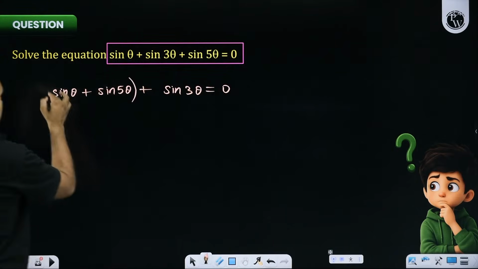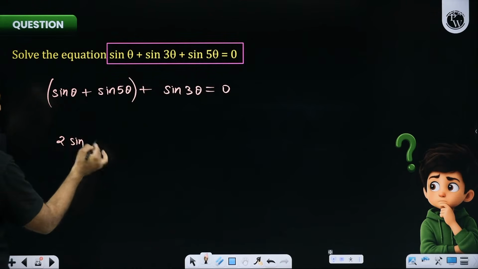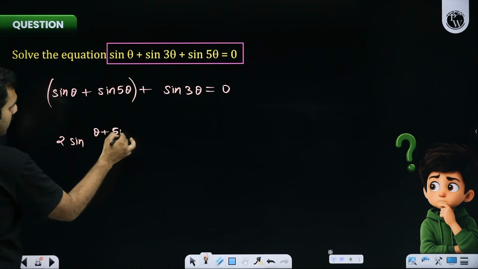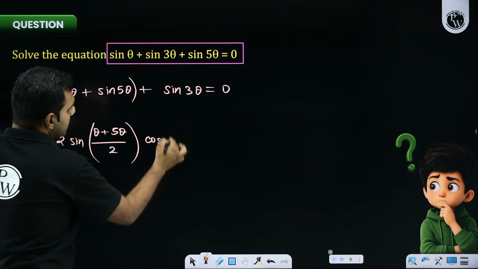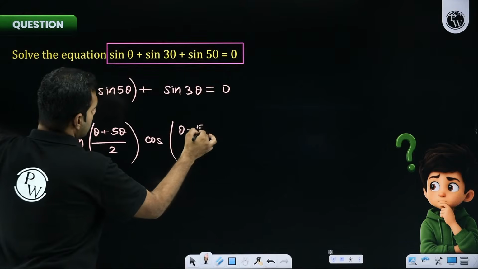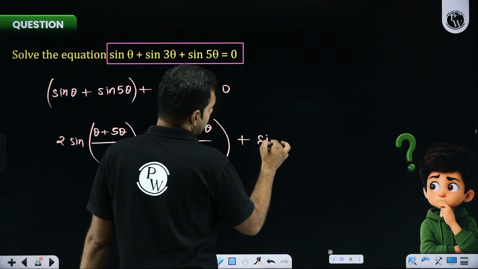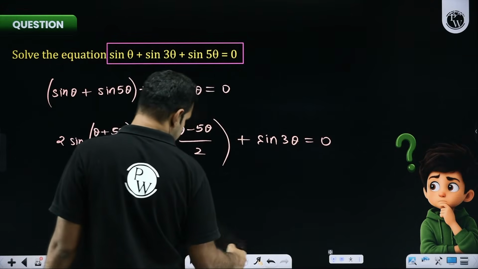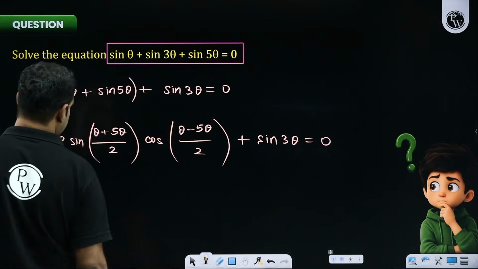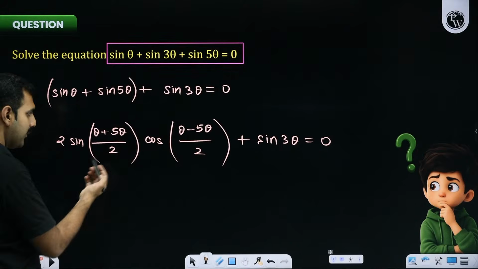So if this and this are clubbed, do you remember sine C plus sine D? That is 2 sine (C plus D) by 2 into cos (C minus D) by 2. So 2 sine (theta plus 5 theta) divided by 2 into cos (theta minus 5 theta) divided by 2, plus sine 3 theta is equal to 0. Any confusions? If there are, please ask. Now the next thing I'll do is 5 theta plus theta, that is 6 theta; 6 theta by 2 is 3 theta.